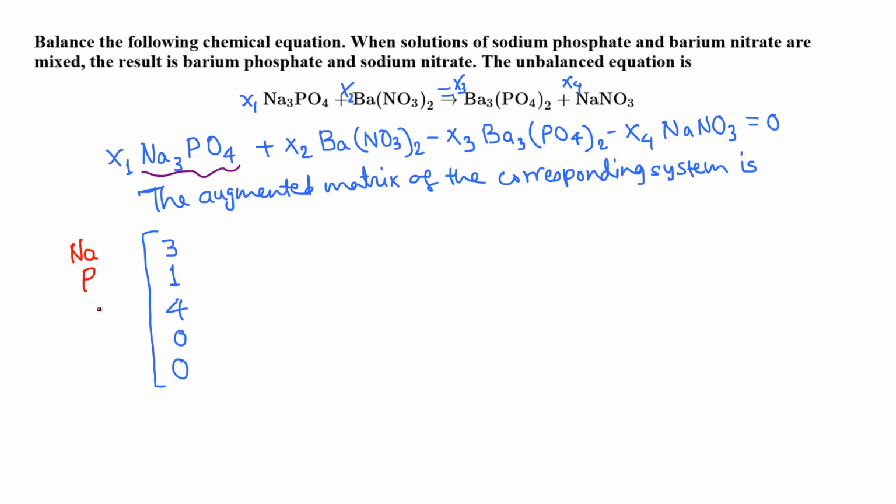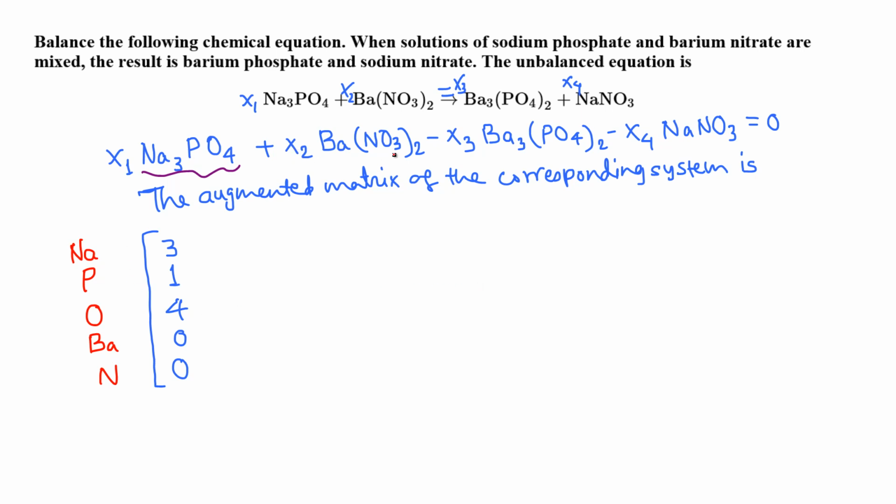And if we look carefully, barium, Ba, there are none, so 0 barium. And N, nitrogen: in this first term there is no nitrogen, so 0. So we write it this way for each of these 4 terms.